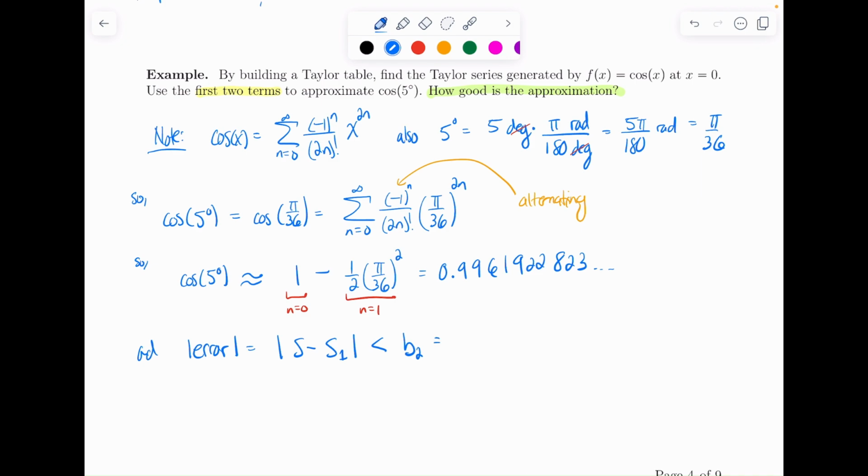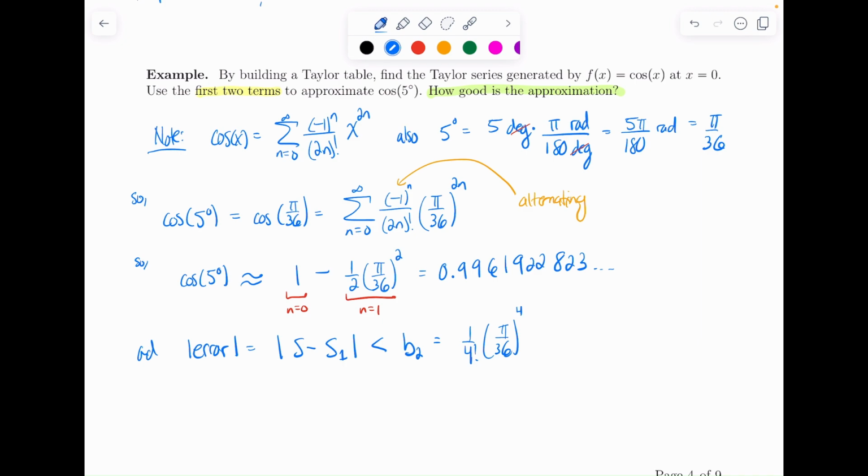And that means if I look at this series and I look at the non-alternating bit and I plug in 2, that's going to be 1 over 4 factorial times pi over 36 to the 4th.